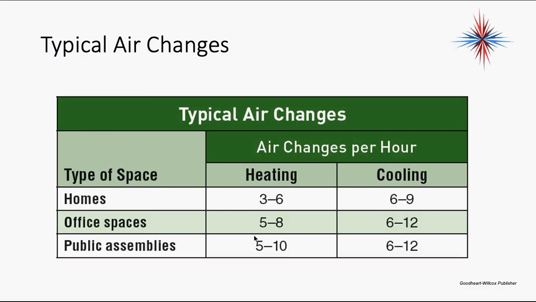Public assemblies like theaters, town halls, and sports arenas that are covered: in heating mode, which we rarely use for those, we want to exchange between 5 and 10 times an hour. A lot of times in these we use people as our heat source, okay? When it fills up, it gets warm. Most often we cool these. In cooling, we want to go 6 to 12 times an hour.